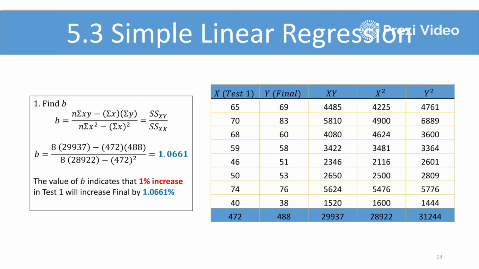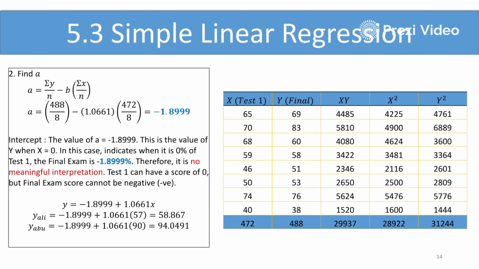So that's how we interpret the value of B, where for every 1% increase in test 1, okay, will increase the final score by the value of B, which is the 1.0661, and then percent is the unit for this data. Okay, you can pause this video if you want to try to get the value that is written on the slides.